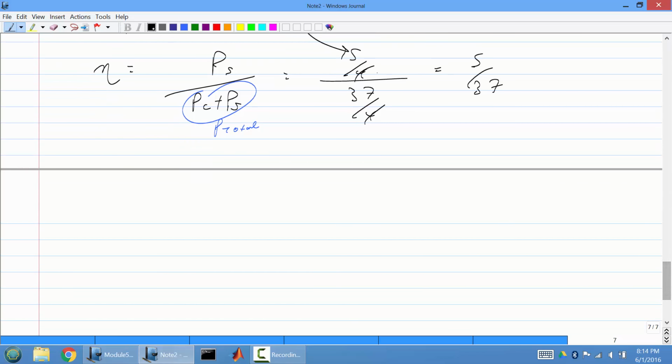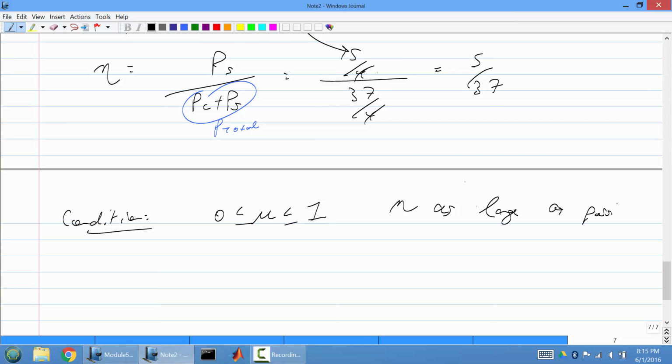Remember the condition to make it possible to use an envelope detector: you have to make sure that the modulation index is between 0 and 1, and you want the efficiency as large as possible. So how exactly do you do that?